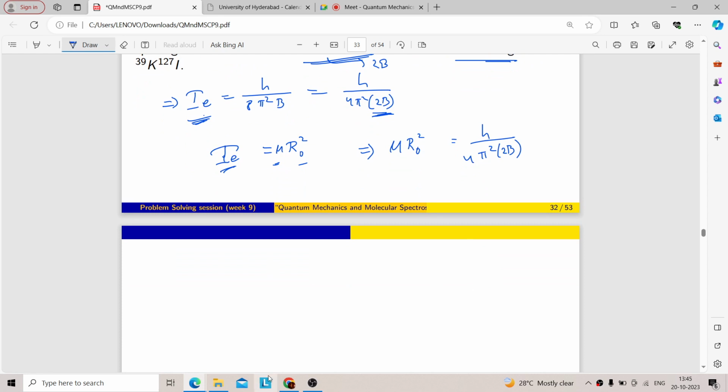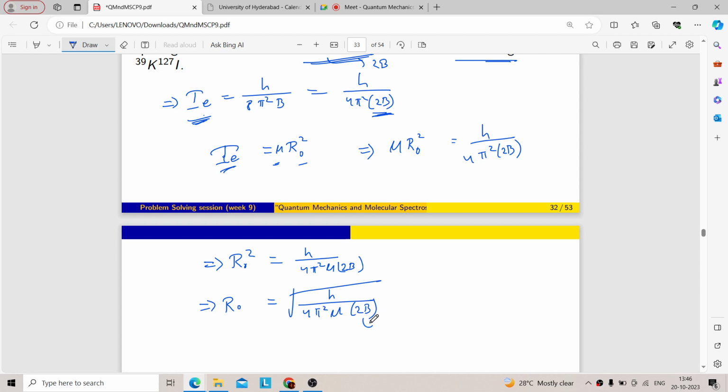Then R naught square will be h over 4 pi square mu times 2b, or R naught will be equal to root of h over 4 pi square mu times 2b.